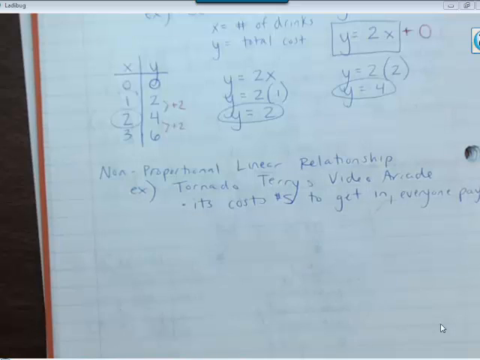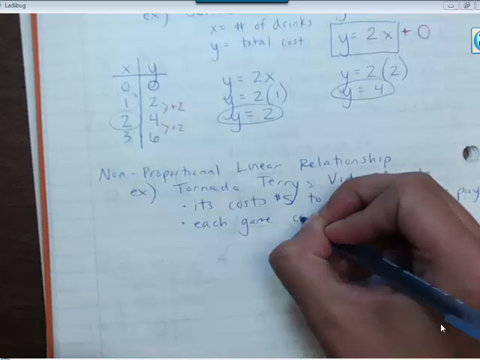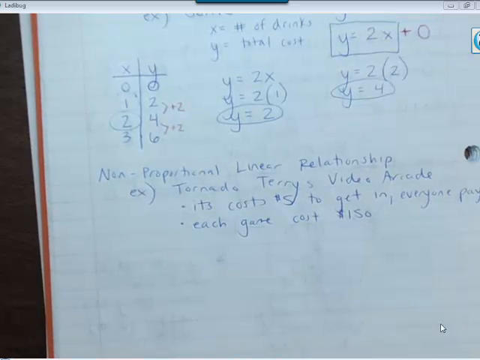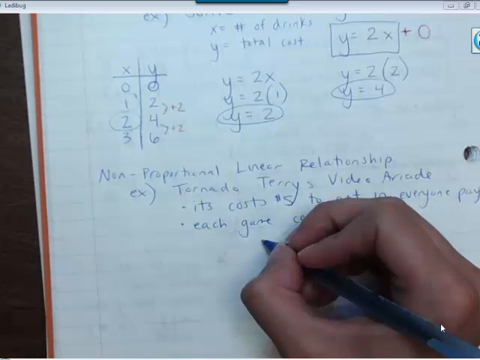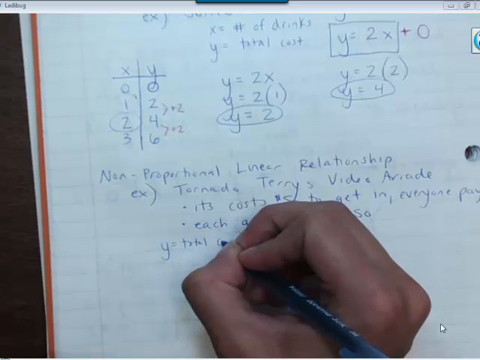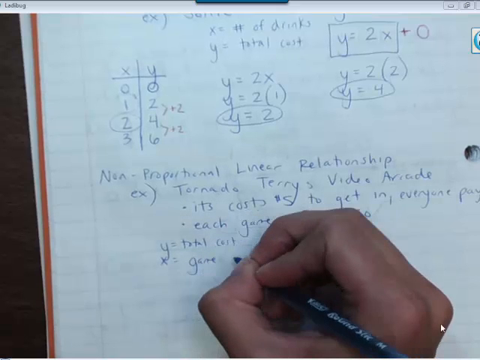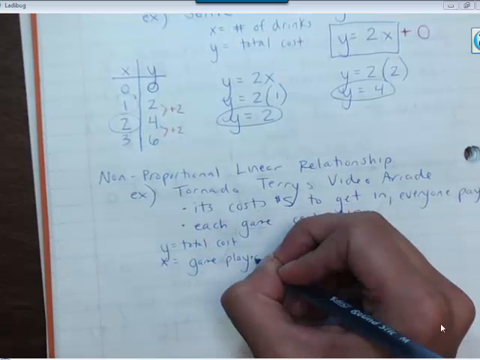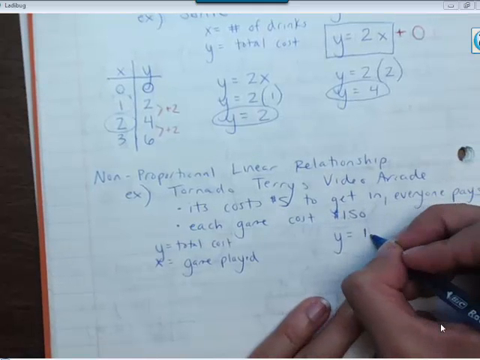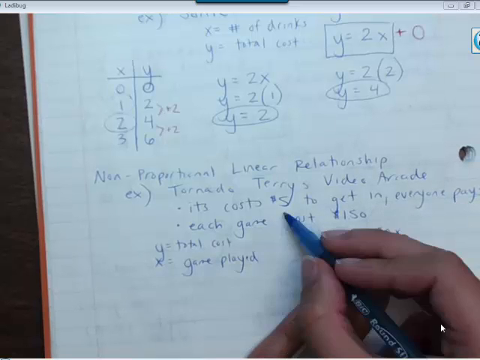After that, each game that you're going to play is going to cost $1.50. So my equation here, if Y again is the total cost, and X is going to represent the number of games played or you want to play, my equation is going to be Y, the total cost, is going to be $1.50 per game, which is my X. But I have to pay that $5 to get in, so I'm going to add 5.